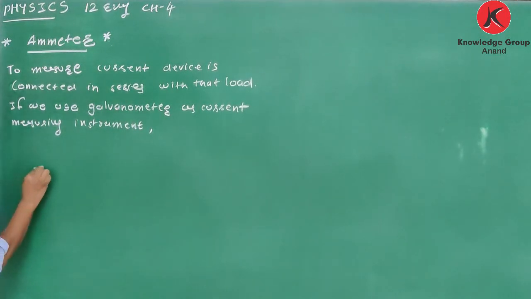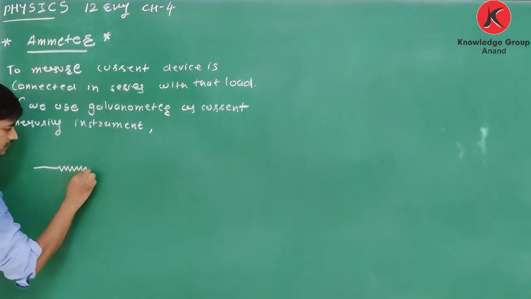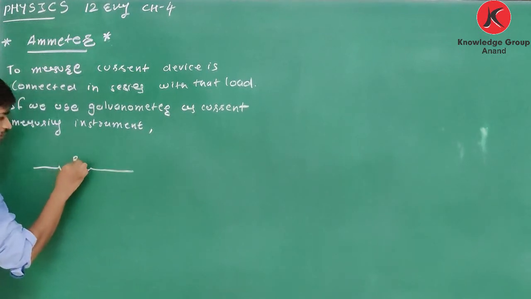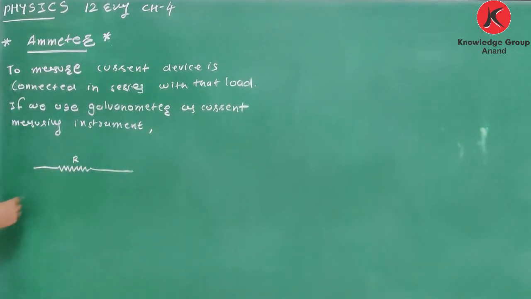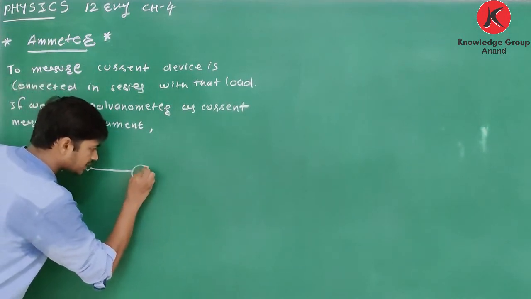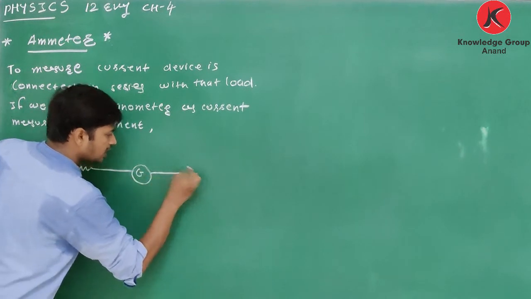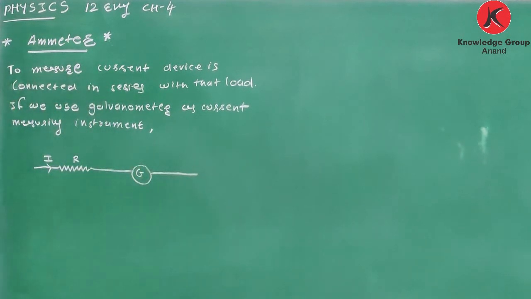Take a resistance R, for example. I want to find what current is flowing through this resistance. Then obviously, to measure current, the device is connected in series with that load. So we have to connect the galvanometer in series. Yes or no? Yes, it is.